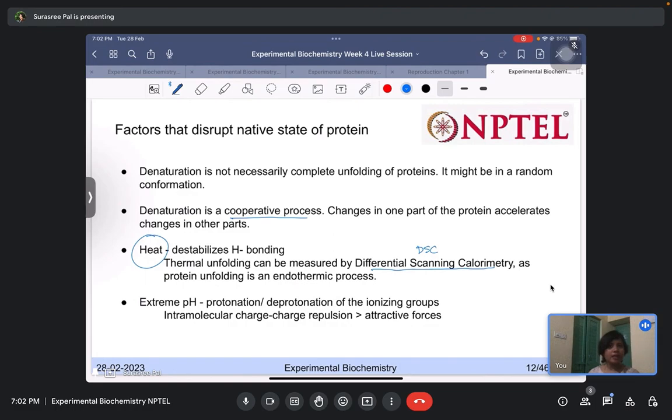Now not all proteins are denatured by heat. For example, there are organisms which exist in various hot springs, for example a bacterium called Thermotoga maritima, or Thermus aquaticus. These are organisms which can exist in very high temperature conditions.